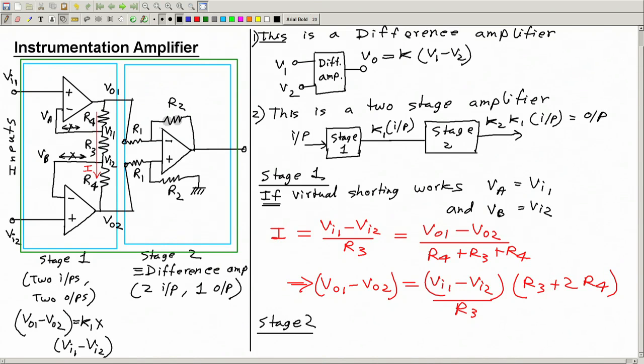Now for stage 2, this is just a difference amplifier, and we have done the derivation for it in a lot of detail, so we will not do it again.